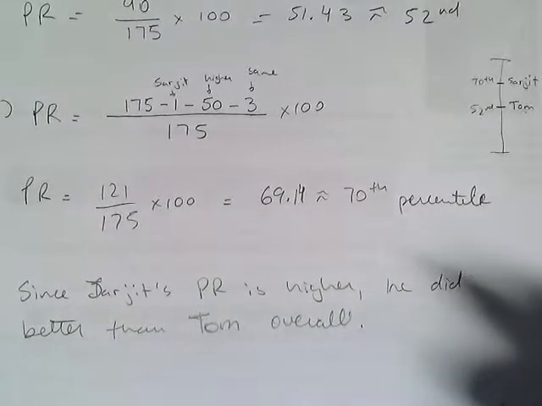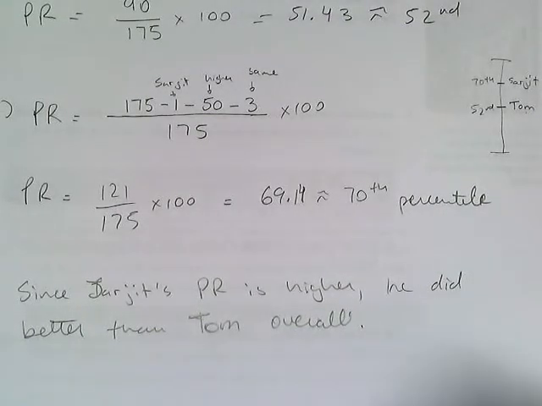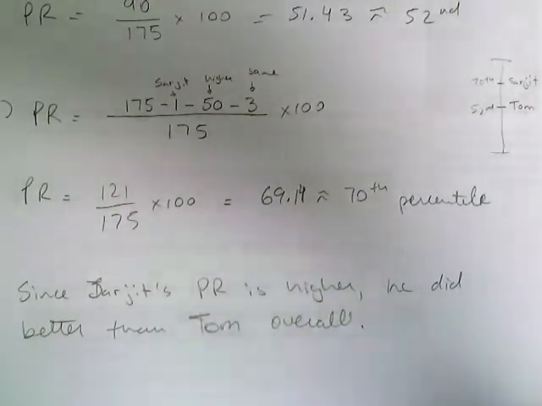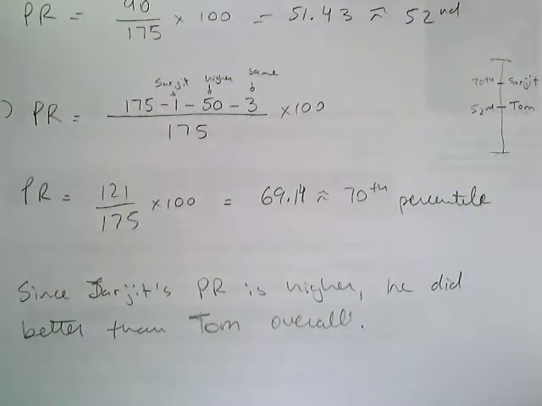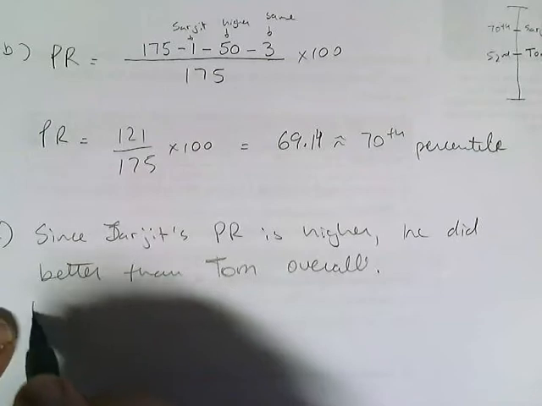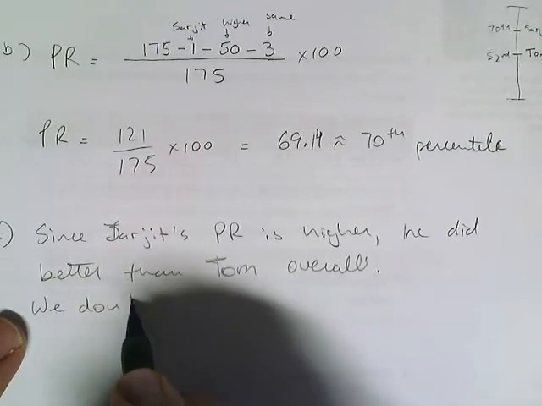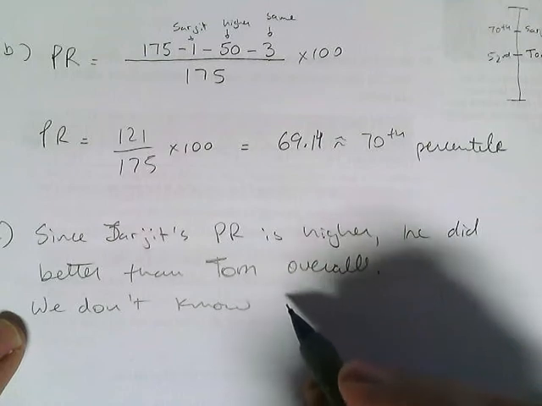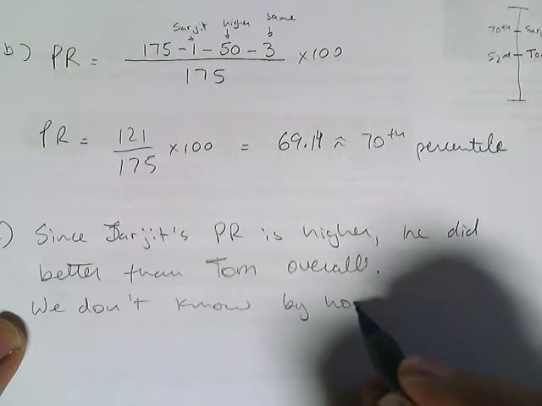Can we tell what their actual score was on that test? We cannot. In fact, they could have been so close. They could have been just separated by a few points or a few percentages on that test. We don't know that. We don't have enough information. Okay, so we don't know by how much.